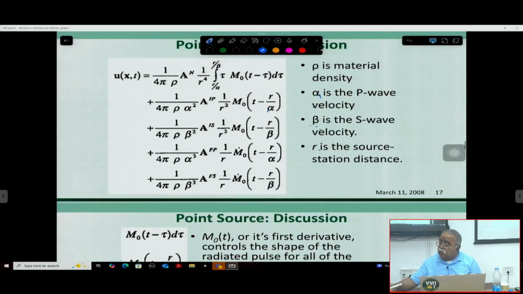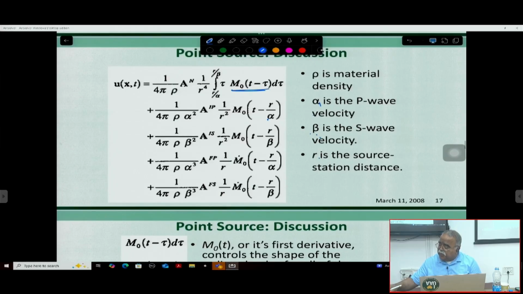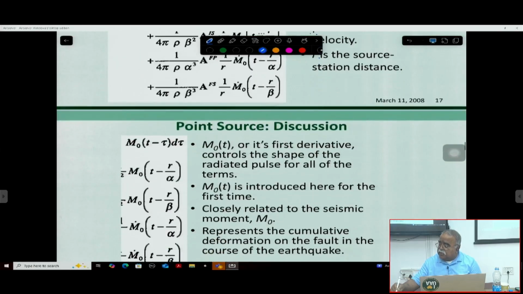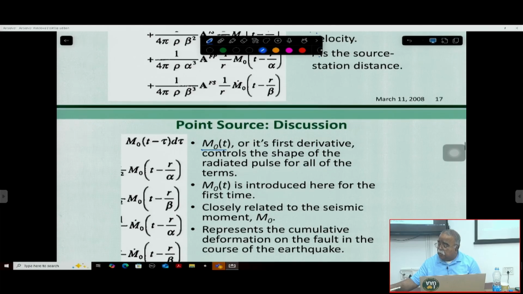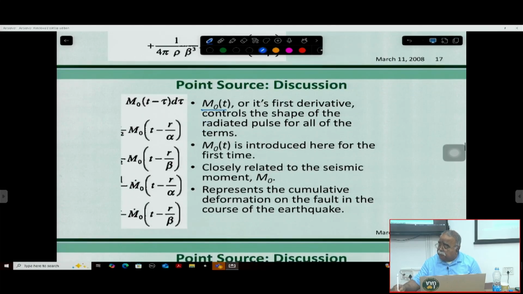Now you come to this part, right? So M0(t minus tau). M0 dot is basically the first derivative, which controls the shape of these things. For the far field, you are getting M0 dot.